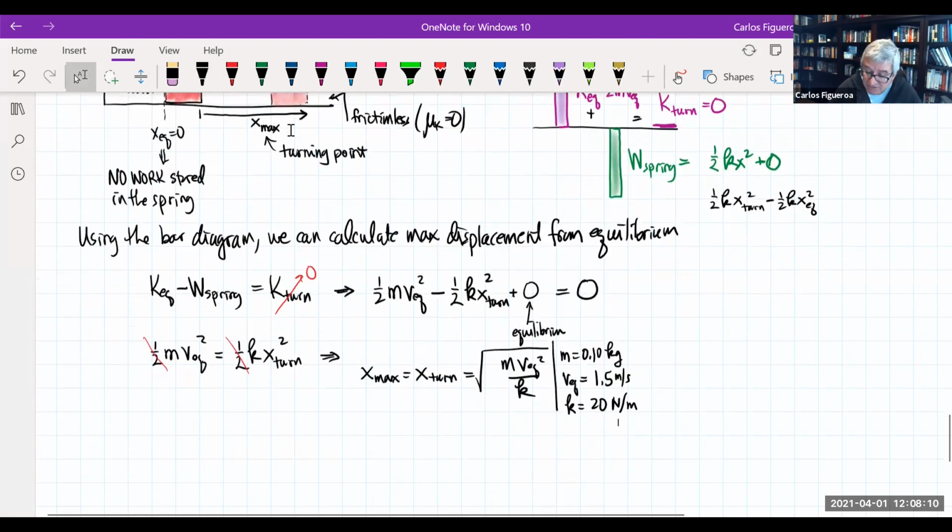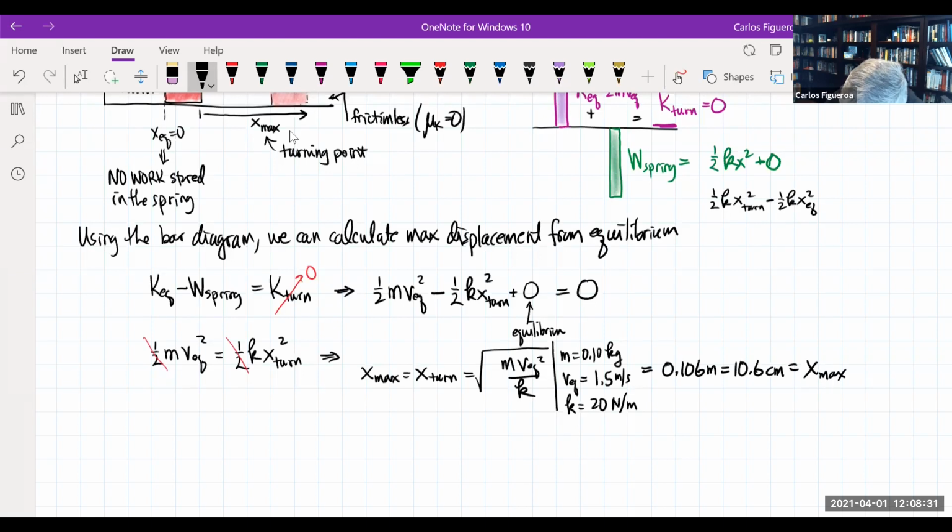So all I have to do is put everything into that, and then I have a distance. I'm just going to give you the number. You get 0.106 meters, or I can write this as 10.6 centimeters. And this is the maximum displacement from the equilibrium.